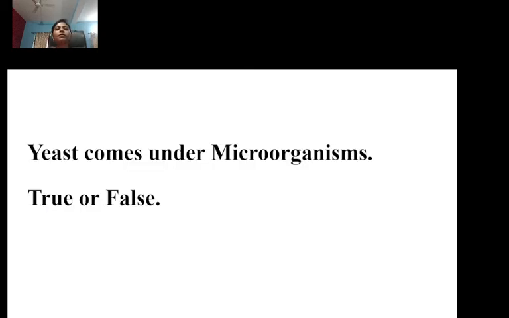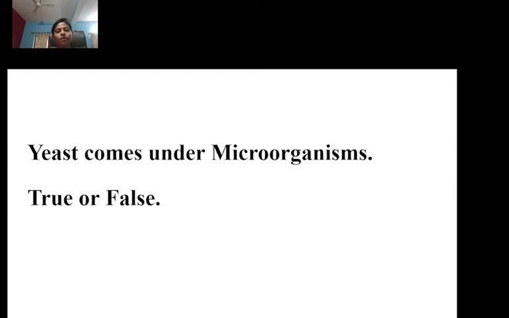Students, you must have seen at home your mother preparing curd. What did you observe while your mother was preparing the curd? Yes, Swati? Yes, that mother has added a little curd to warm milk to set curd for the next day. True? Yes. Now, someone tell me why your mother is doing this.